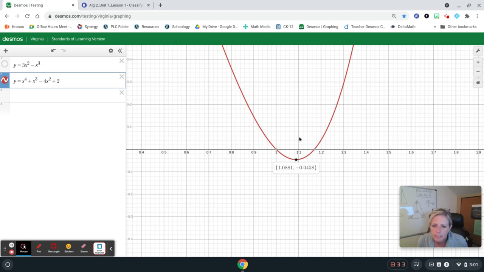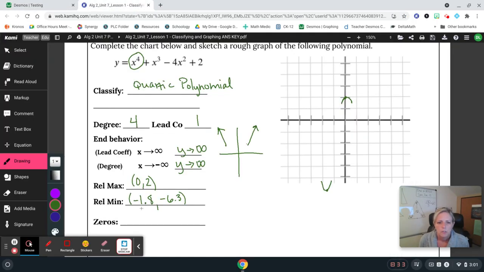So we're going to say it's at 1.1 and negative 0.05. Okay, so that's another relative minimum, 1.1, negative 0.05, which is just slightly below the x-axis. So we'll go a little past, a little under, and this is going to be a minimum again. So it has to go above.